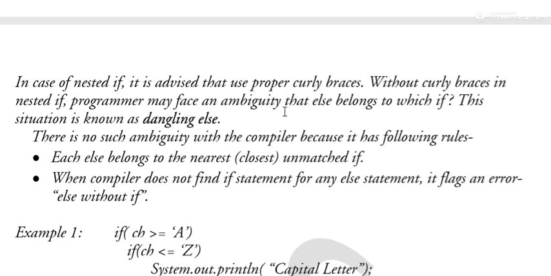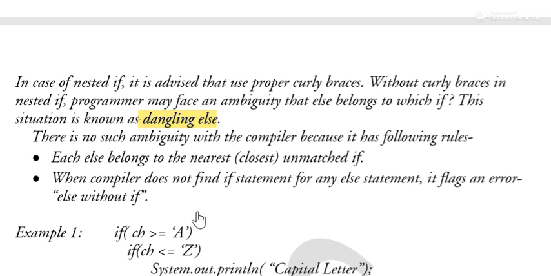In case of nested if, we should use proper curly braces. Without curly brackets in nested if, the programmer may face ambiguity about which if an else belongs to, and this situation is known as dangling else. Dangling else means it is not clear which if this else belongs to.